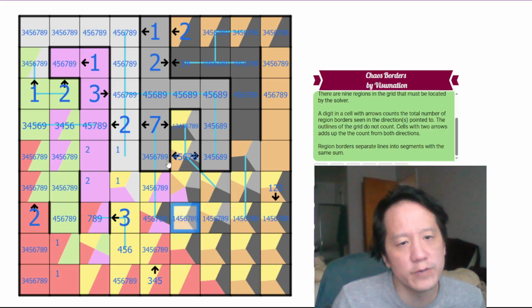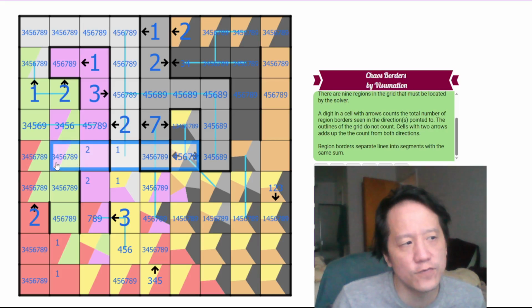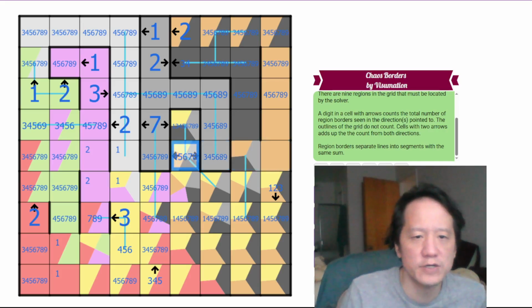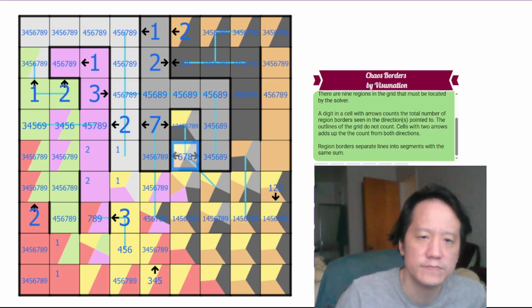This would see how many? 1, 2, 3, at least. 4 between the pink and the green. 5, 6. 6 at least. So this would be at least 6.